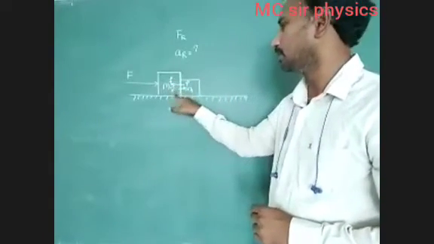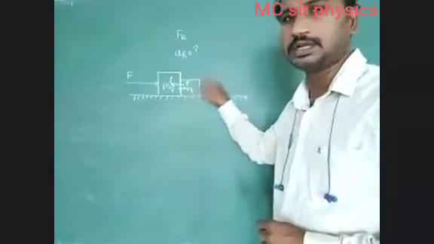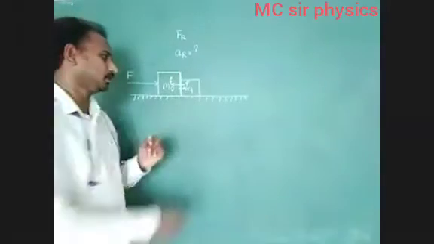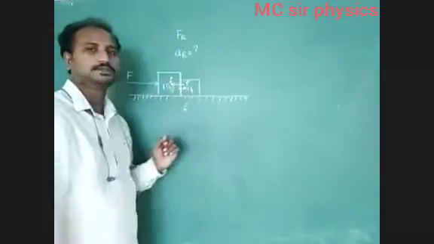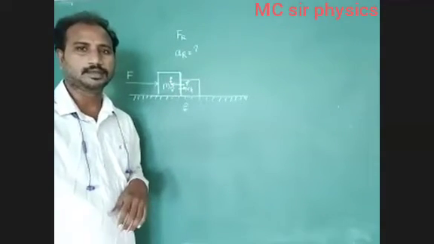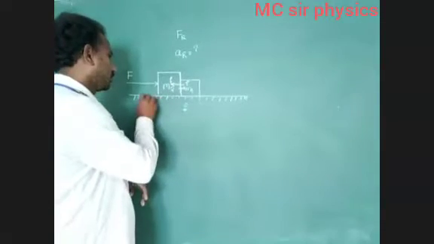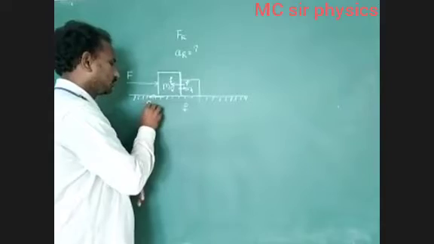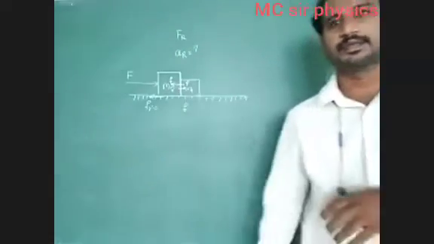Next, M2 provides that same amount of force on M1. Okay, so we have to find out that small f value. There is no friction. It is a frictionless surface. Fr value equal to how much? Friction equal to 0. The surface is frictionless.